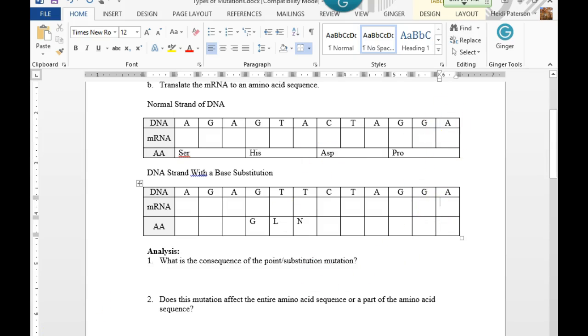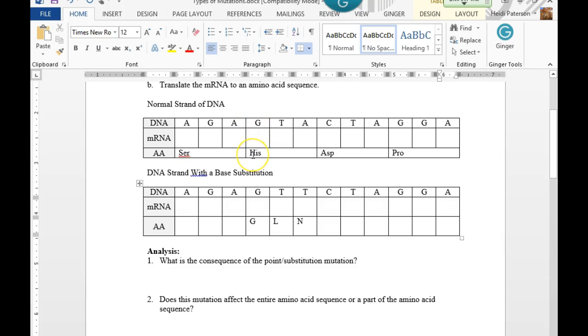The original sequence of amino acids was serine, histidine, asparagine, and proline. You were asked to add a nitrogenous base between A and G here.